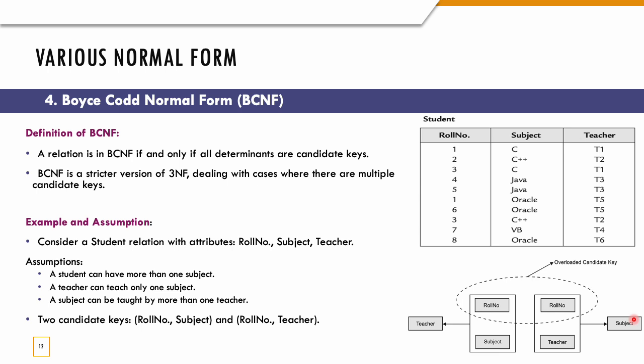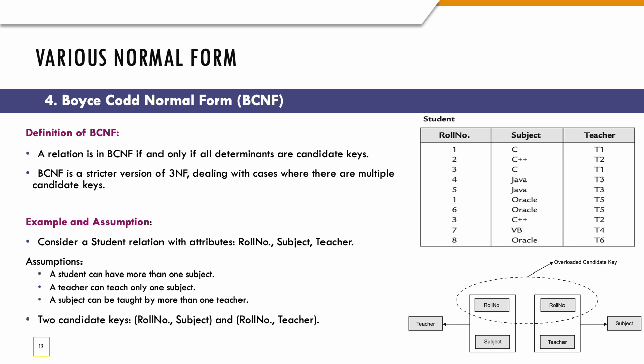So in this table there are two candidate keys. Can you guess? The roll number and subject, and then roll number and teacher. So these two are the candidate keys.